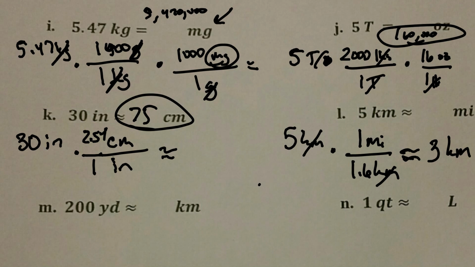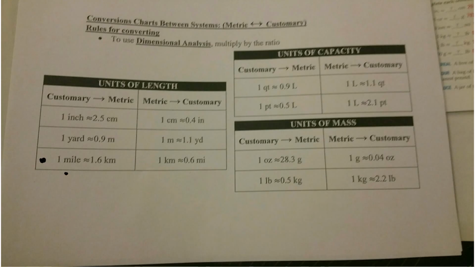Yards to kilometers. So I'm going to go yards to meters, then meters to kilometers. So I have 200 yards. I'm going to multiply by, if you check your little conversion, 1 meter is 1.1 yards, or 1 yard is 0.9 meters. It doesn't matter which one you use.